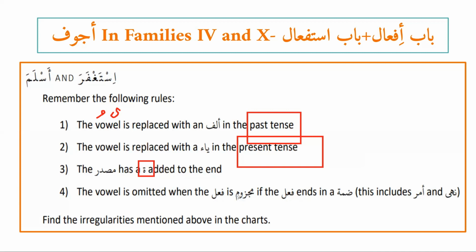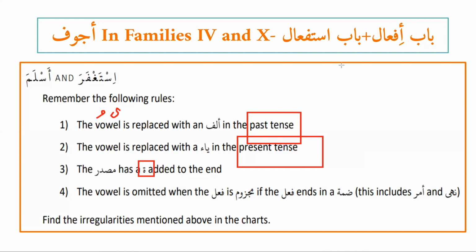And this vowel is omitted when the siga is from those that group, afalul arba, like huwa, hiya, anta, ana, and nahnu. If the present tense ends in dhamma, like we see in the five in your pocket, afalul arba, then its majzoom form will have its vowel omitted.